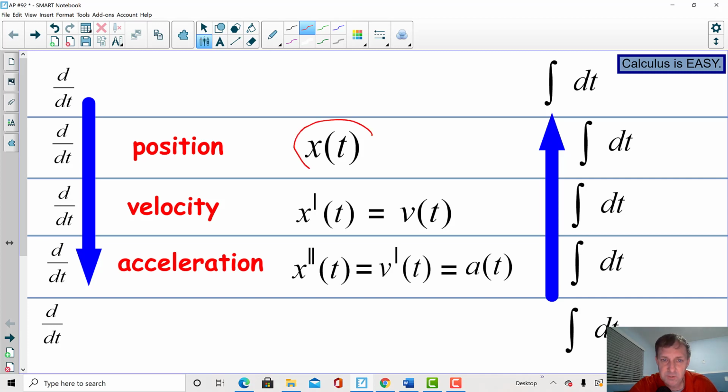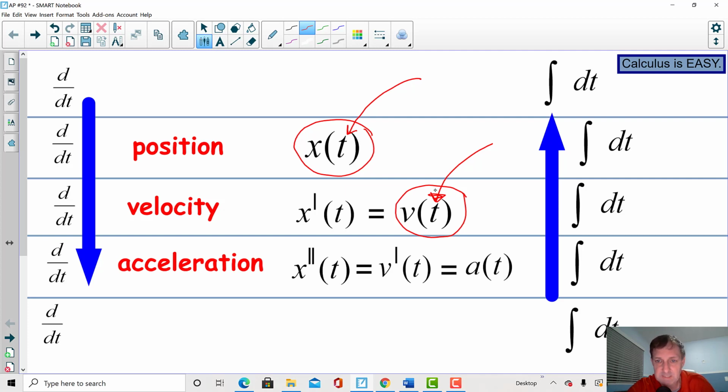The way the position function works is you plug in your t value, and then it tells you the position that you are at that time. The way the velocity function works is you plug in the t value, you plug in the time, and it tells you the velocity at that time. The units are always an amount per time, so it'd be like miles per hour or something like that.